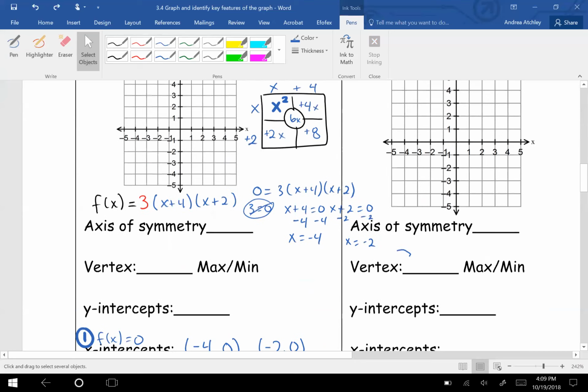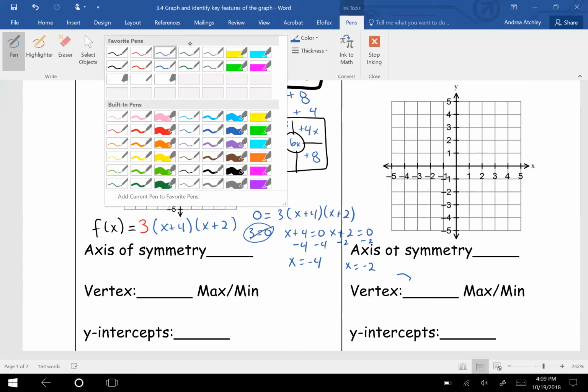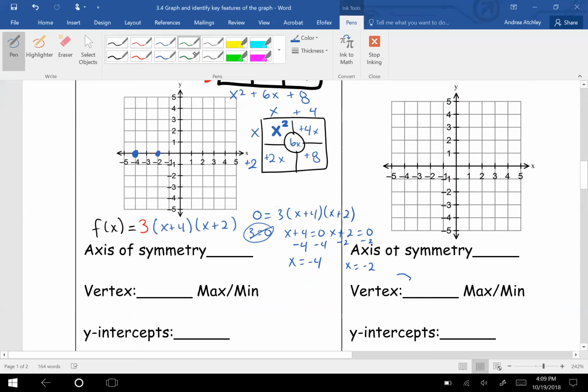And we have to graph those now. So I'm going to go where x is negative 4 and y is 0. I'm going to go where x is negative 2 and y is 0, which is right here. From there, our next step is to identify the a value.